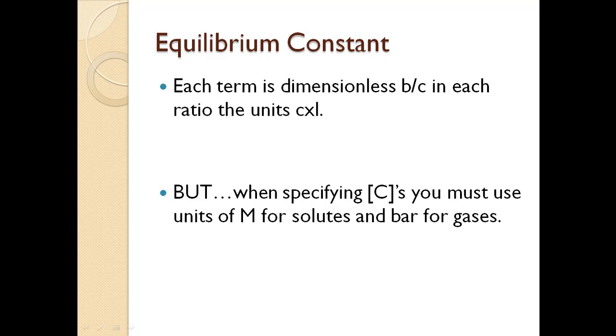That's why when you saw the Kw, that 1.0 times 10 to the negative 14th didn't have an M at the end, because we were just talking about the equilibrium constant. But when we start specifying concentrations, now we've got to throw in the molarity, because that's what they're defined as for equilibrium constants. They're over 1 molar. All right.